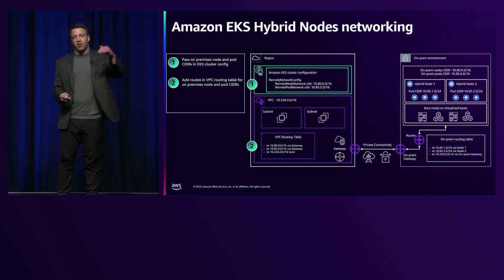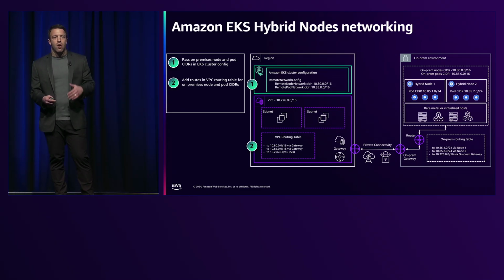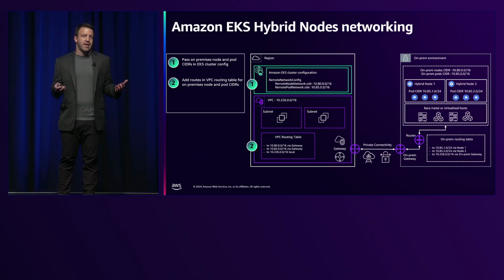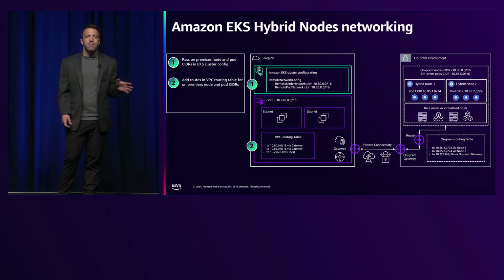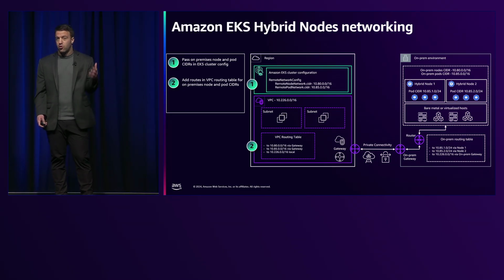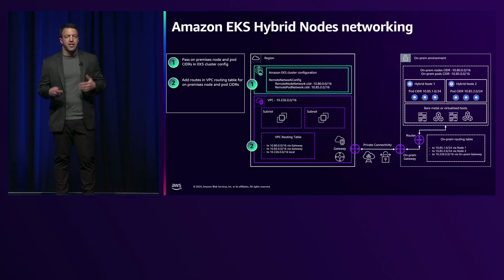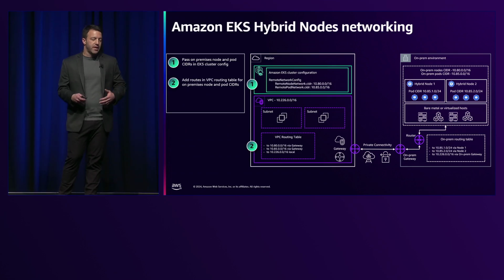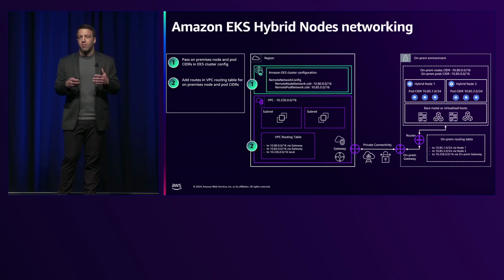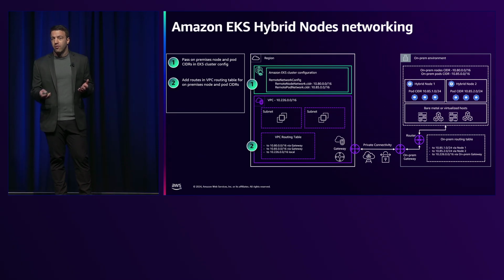So traffic routes from your control plane into your VPC over the EKS Elastic Network Interfaces, or ENIs, that EKS creates on your subnets when you create your cluster. This is the same mechanism that EKS uses for control plane to cloud node communication today. And in order for data to make it into your data center and into your environment once it's in your VPC, you need to add rules to your VPC routing table for traffic out to your node and pod CIDRs set to transit over a gateway that you'll create and attach on your account.